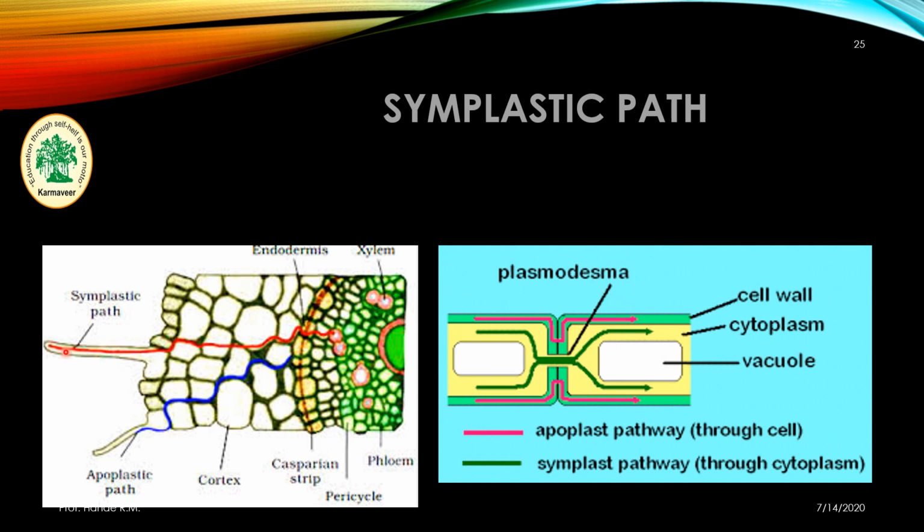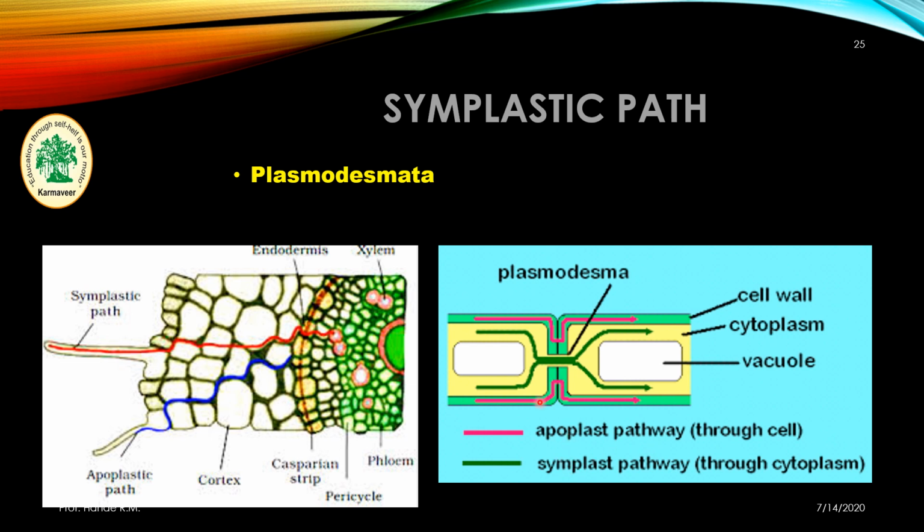Here, this diagram shows the symplastic pathway. Here, plasmodesmata is an important part in the symplastic path. In the apoplastic pathway, the cell wall and the intercellular space are important.